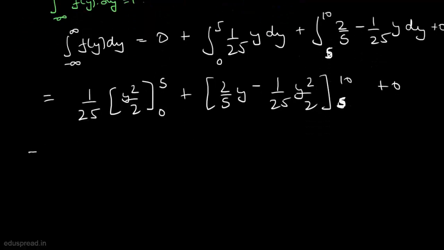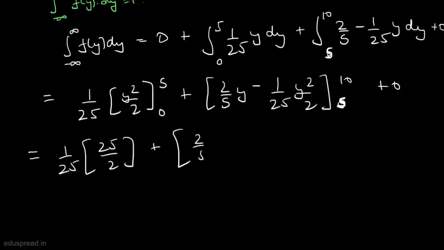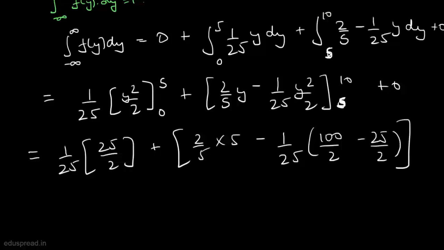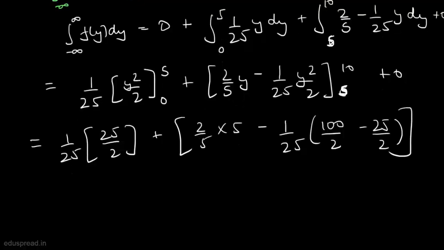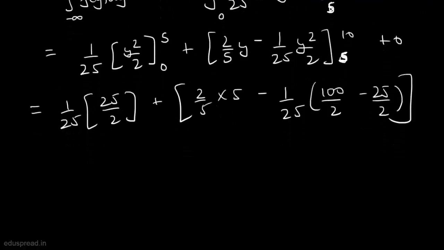And solving this, we get 1 divided by 25 times 25 divided by 2, plus 2 by 5 multiplied by 5 minus 1 minus 25, that is 100 divided by 2 minus 25 divided by 2. I have skipped one step here, but this is what you will get after solving it.